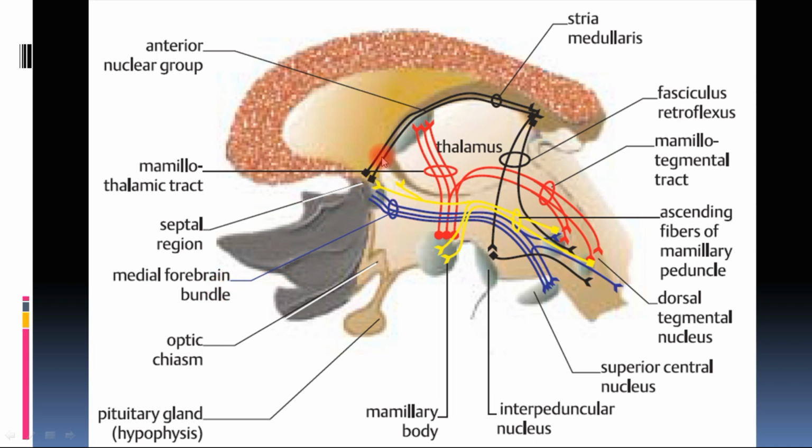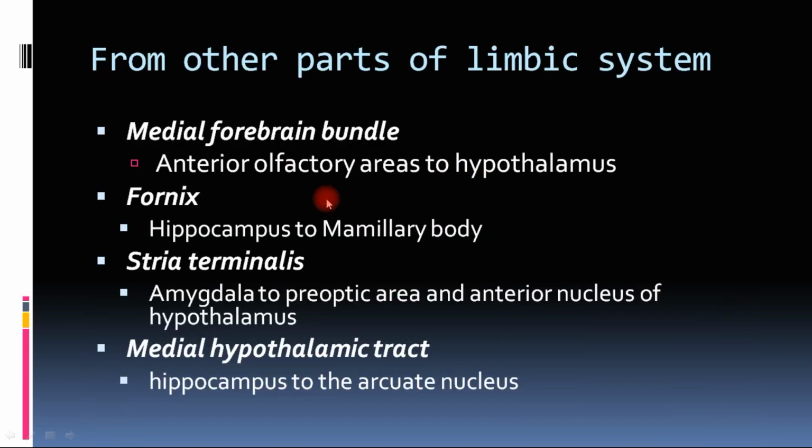It is coming from the olfactory bulb and going to the midbrain tegmentum, as well as supplying the hypothalamus.